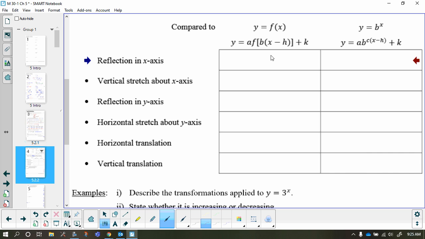Here, b is the number that describes my reflections in the y-axis and my horizontal stretch. Here I changed it to a c because we're already using the variable b to represent the base. So just be careful that I've used a different variable when it comes to horizontal reflections and stretches. You can pause the video and then restart when you want to compare with my answers.